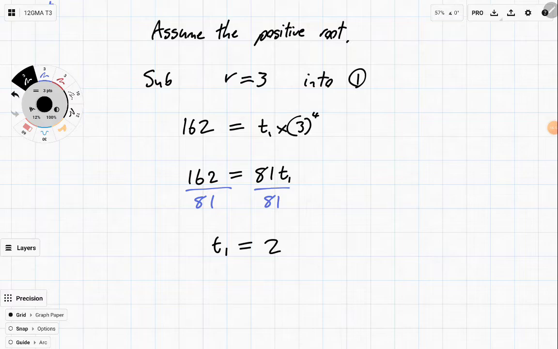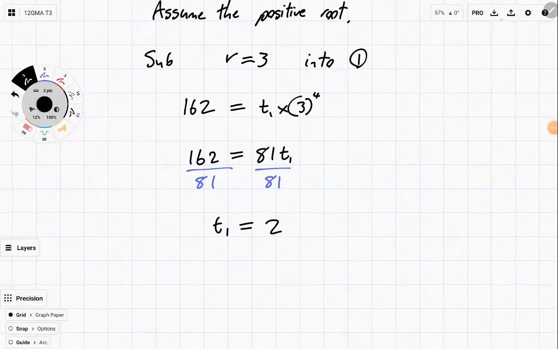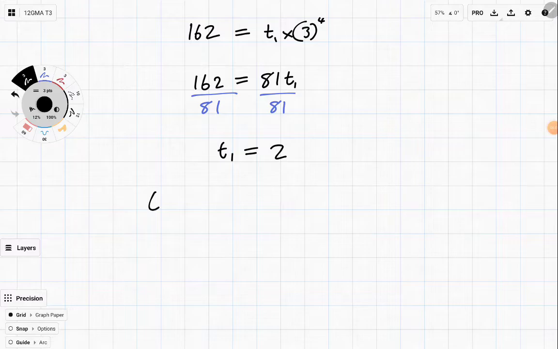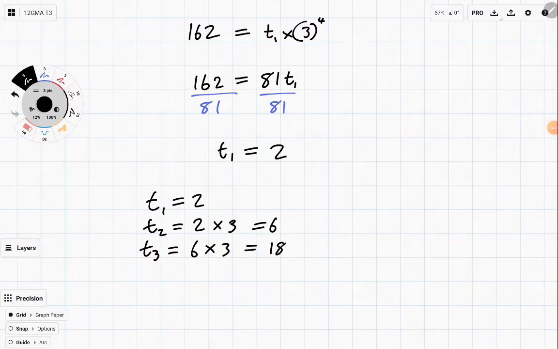So I now know T1, and I now know the common ratio is 3. So we get T1 equals 2. T2 is equal to 2 times the common ratio 3. That's 6. T3, times 3 again, 18. And T4 is going to be 18 times 3, which is 54.